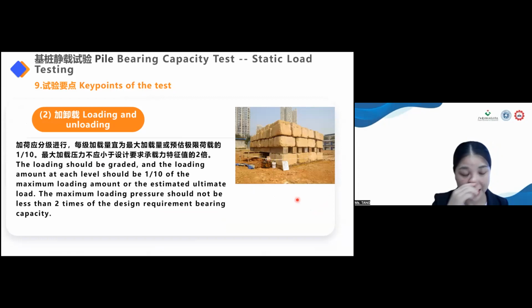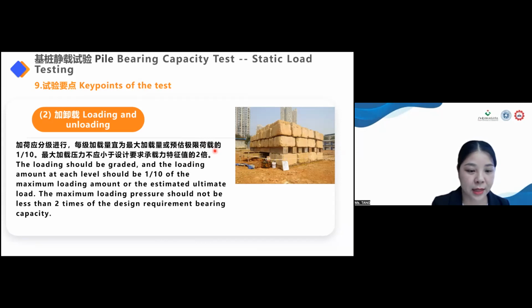Second, loading and unloading. The loading should be graded, and the loading amount at each level should be 1/10 of the maximum loading amount or the estimated load.